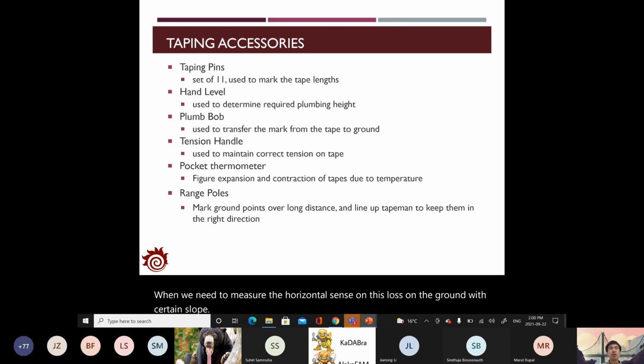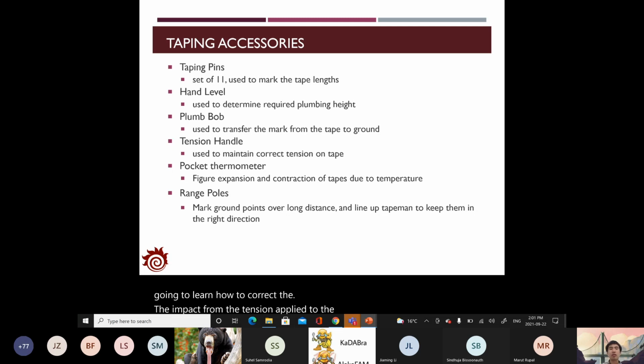And we have the plumb bob, which is also used to measure ground with different elevations. The tension handle is very important for corrections. You can measure the tension applied to the tape, and we're going to learn how to correct for the impact of the tension applied to the tape.